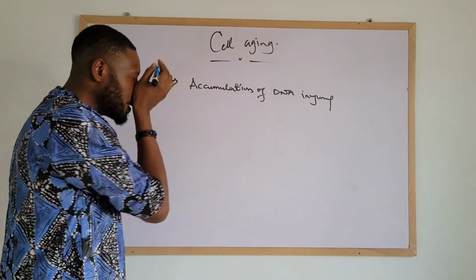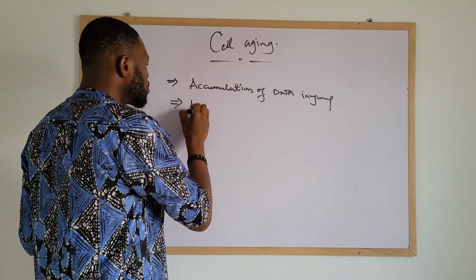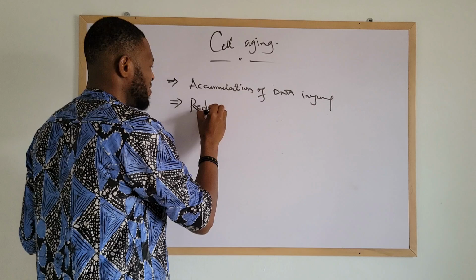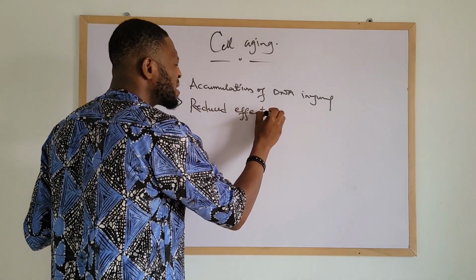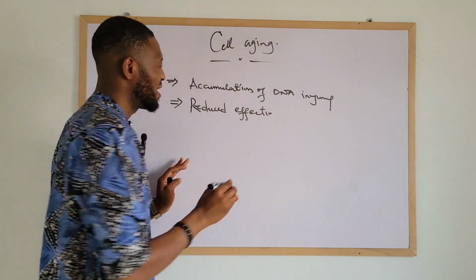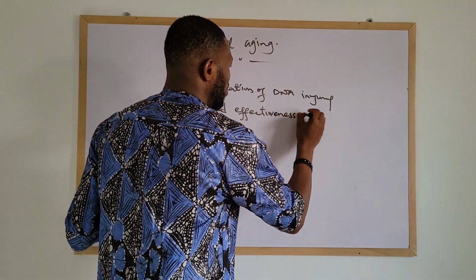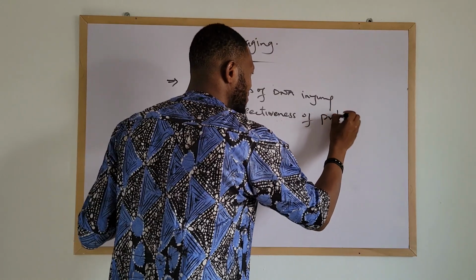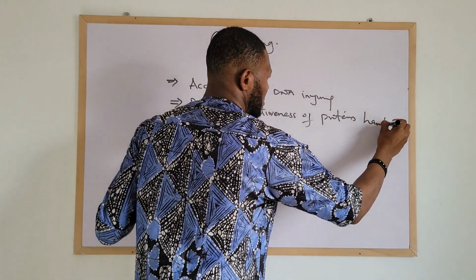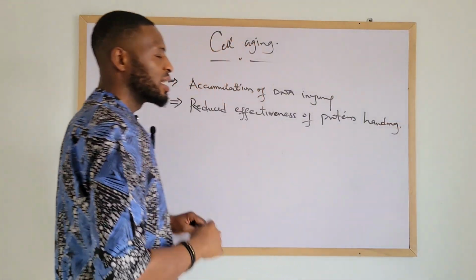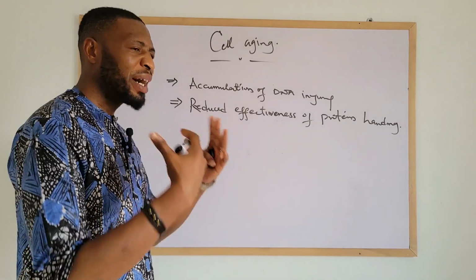And then secondly, reduced effectiveness of the protein handling machinery of the cell also leads to cell aging. Of course, we know that when proteins are synthesized, they are supposed to be properly folded.